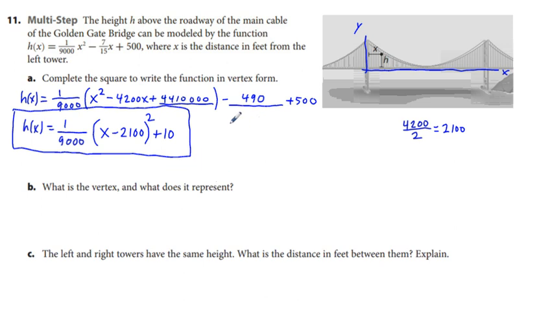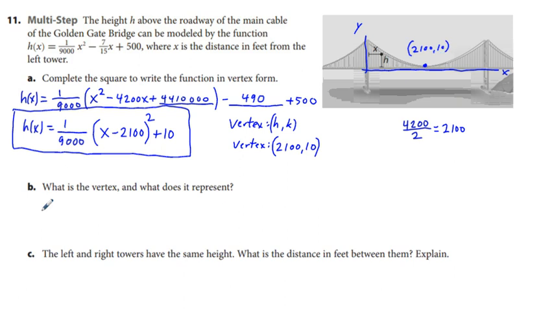Well, again, a vertex is the coordinate pair h, k. And in this instance, we have a vertex where h is 2,100 and k is 10. So what we have right here is the point pair 2,100, 10.